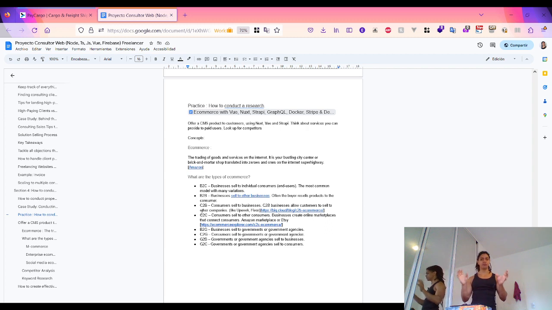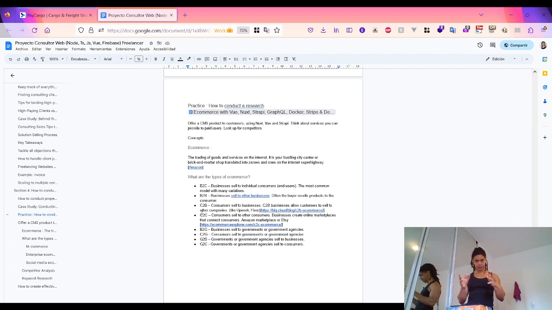So with these two concepts, I then look at the several types of e-commerce, or the way these transactions happen, by the actors involved, whether it's the government, the business, or the consumers.